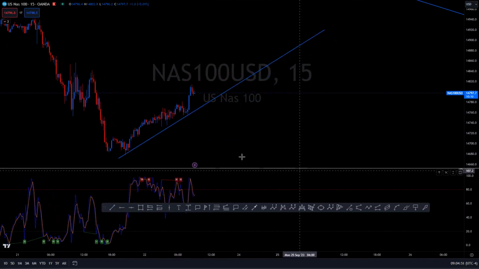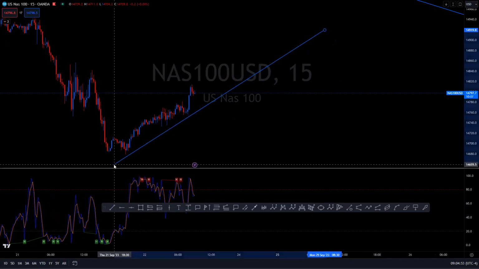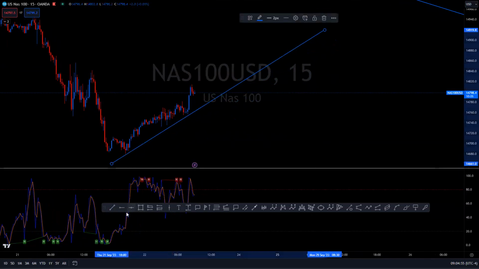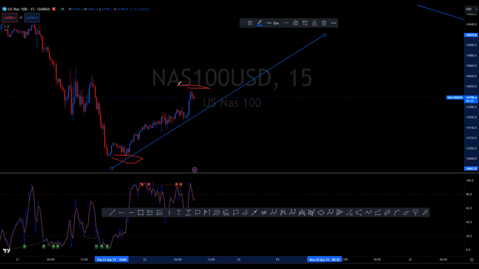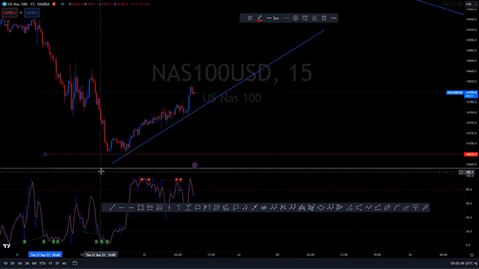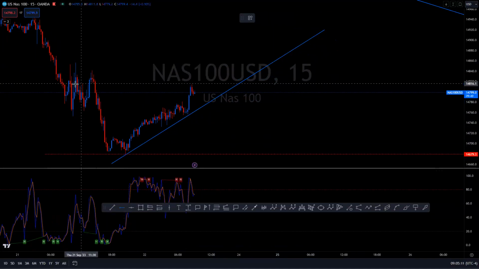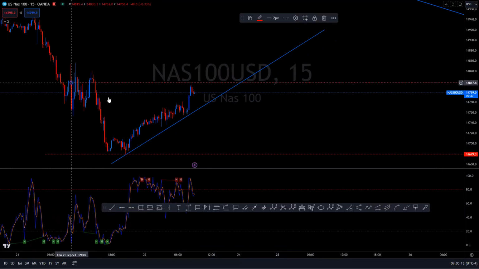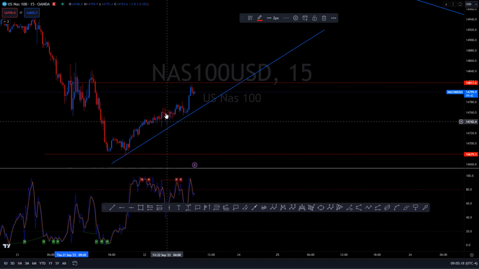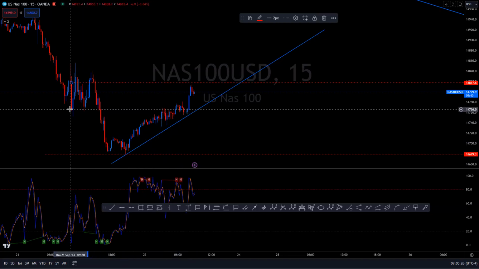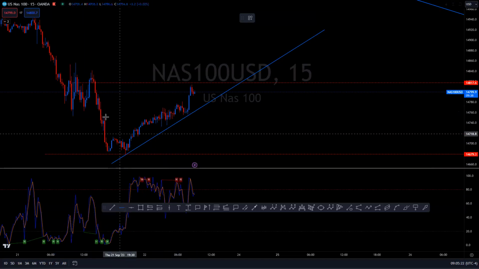Right? Now, the very next thing that we need to do is draw trading ranges. We can see that this up move originated from this swing low, ended with this swing high. So we're going to mark that. And then we're going to look at the most recent breaker structure, which we should see here.